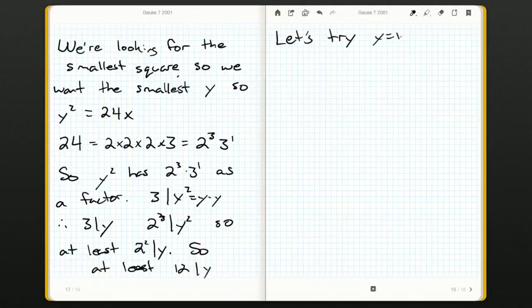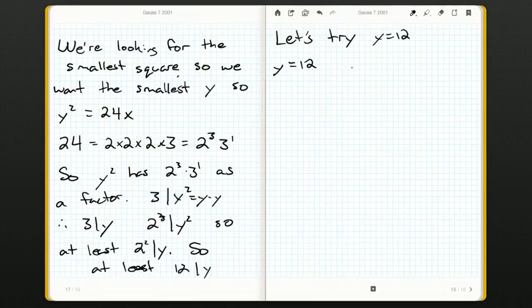Let's try y equals 12, because that's the absolute minimum. This might not work. Maybe we'll have to go to the next multiple of 12. But we know, just by looking at it and knowing that 24 has this prime factorization and 24 is a factor of y squared, we know y is a multiple of 12. So the smallest possible multiple of 12 is just y equals 12.